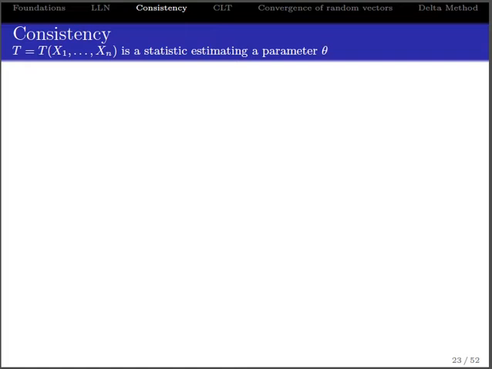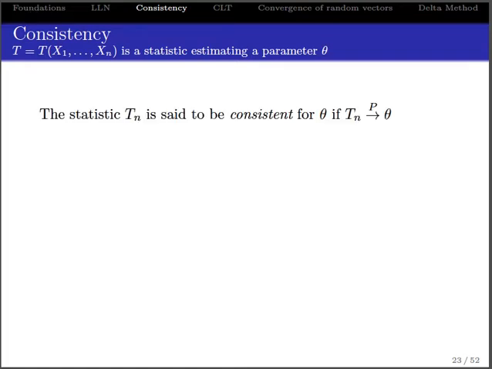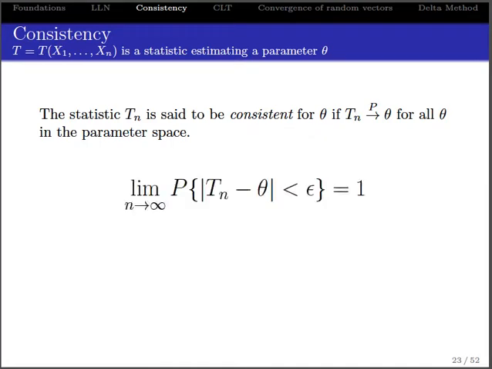Here's the concept of consistency, something that I brought up in the zipper example and hadn't defined yet. T is a statistic estimating some parameter theta, and the statistic T is said to be consistent for theta if the estimator converges in probability to theta, for all theta in the parameter space.